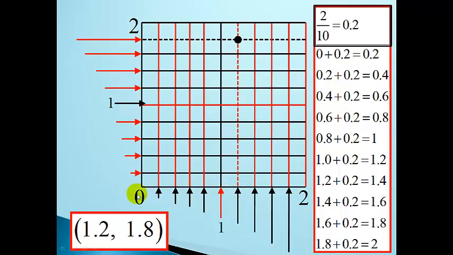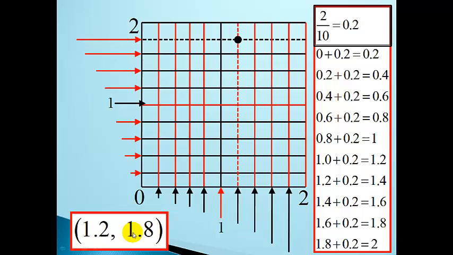If you want to start from 0, we will still get to the same point, but it will take us time. So since 1.2 is greater than 1, we start from 1. But we know that each line has been calculated to be 0.2. So starting from 1, we have 1 plus 0.2, and that will give us 1.2. It means we are here, and that's the dotted line.